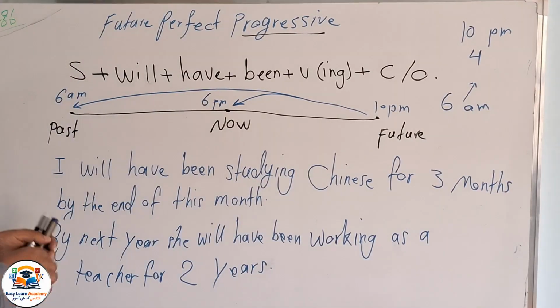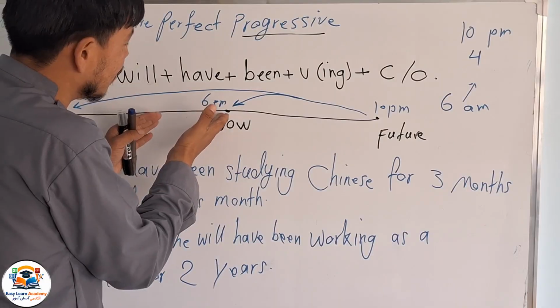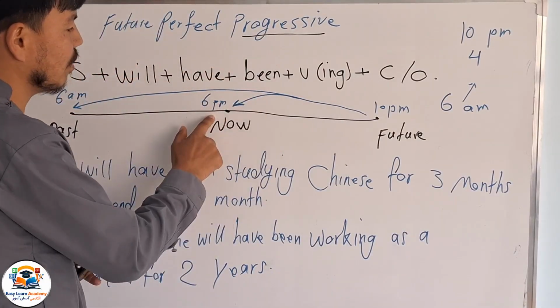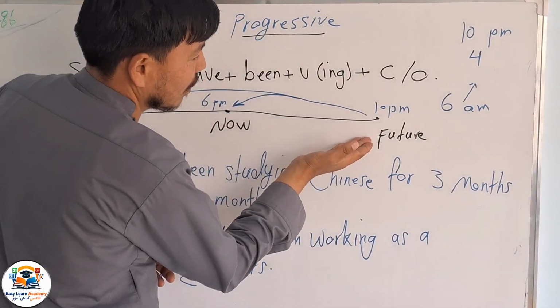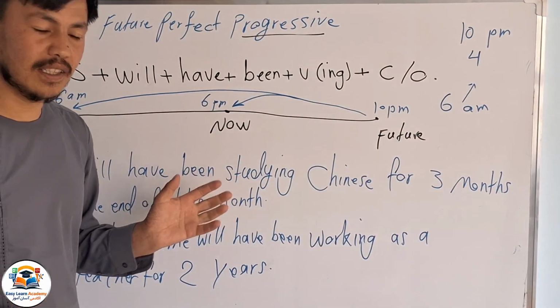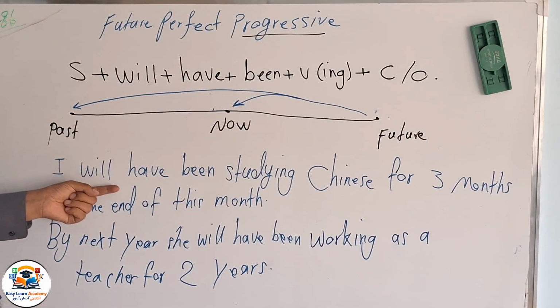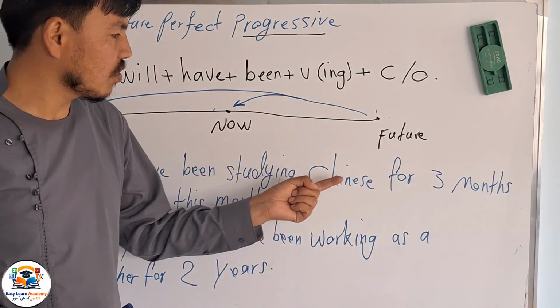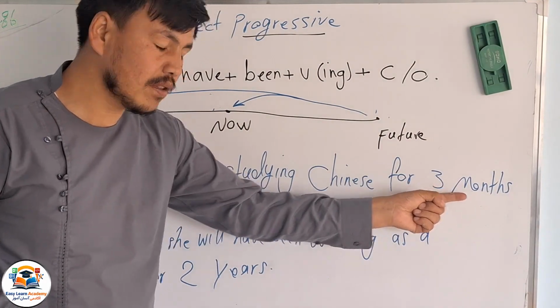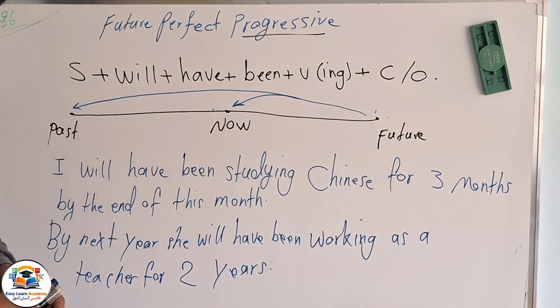So see, the action started in the past and it is in progress till now, and it will be in progress till a specific time in the future. I hope you got this. Okay, see the example here. I will have been studying Chinese for 3 months by the end of this month.